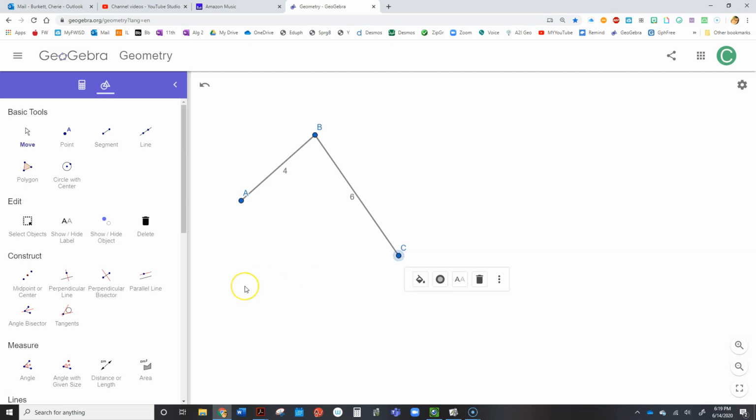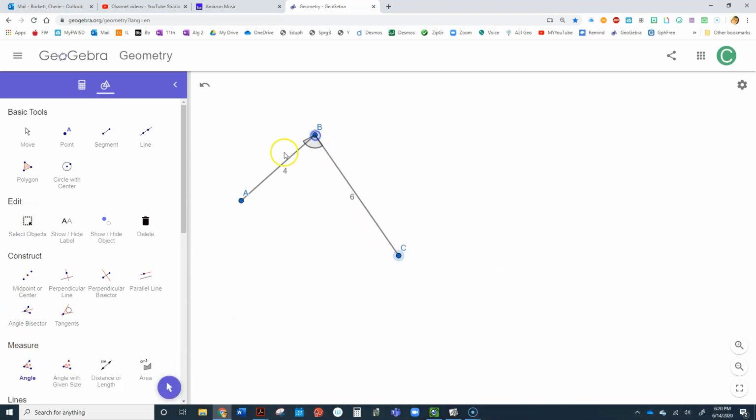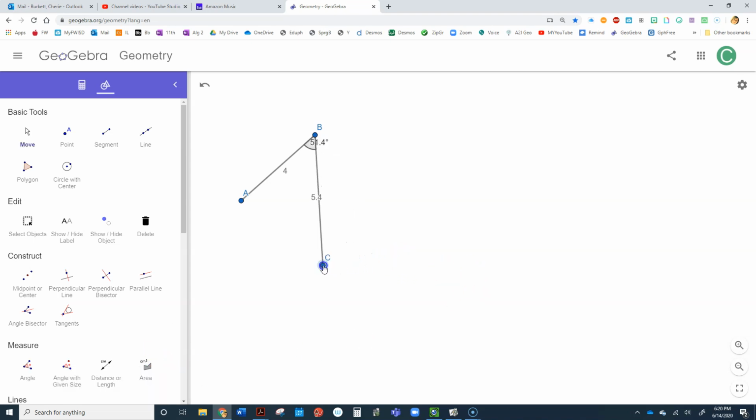Okay, now it's 6. And the measure of angle B right here is 47 degrees. So I'm going to measure the angle. It's 47 degrees. Now I gotta keep it at 6, and I gotta make it 47 degrees.